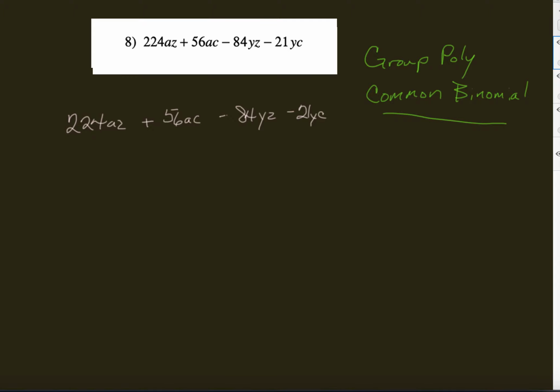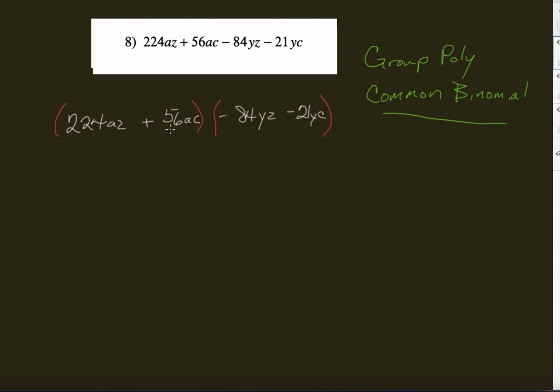All right. And so first step really is to just group them. Here's one group, and here is the other group. Don't forget to pull this subtraction symbol in. And then we're going to factor each.